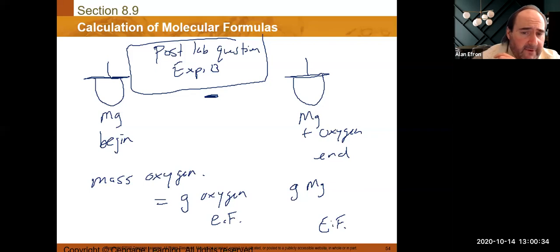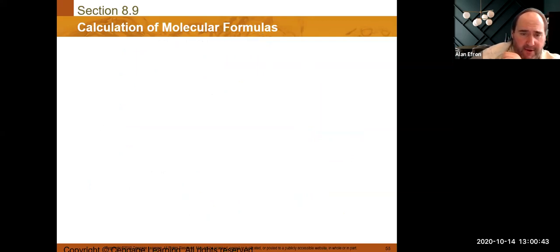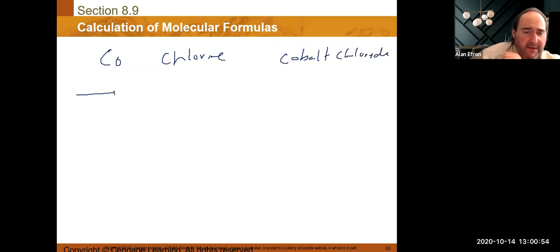For example, the first post-lab question talks about cobalt reacting with chlorine to give you a cobalt chloride. It's the same idea as what we were just talking about: in your crucible to begin with, you had cobalt.